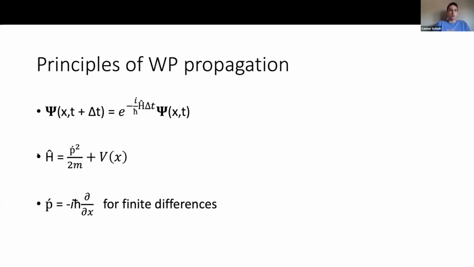So the Hamiltonian is the momentum operator squared over 2m plus the potential. And since the Hamiltonian is dependent on the momentum operator, we need to know the momentum operator, which is negative i h bar times the partial derivative with respect to x, and that will be for finite differences.